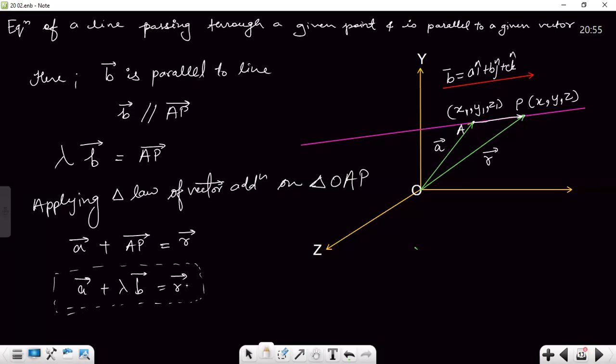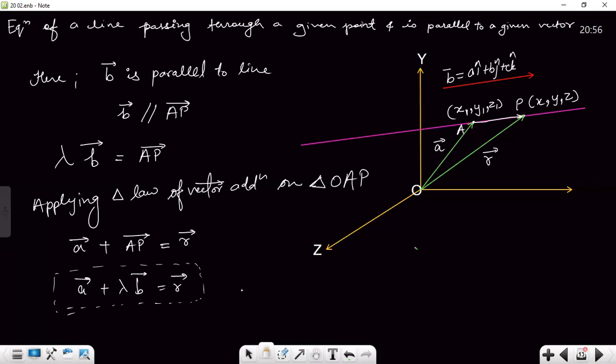So this is the equation of a straight line in vector form. Is everything clear till now? Great. So let's convert this into Cartesian form.